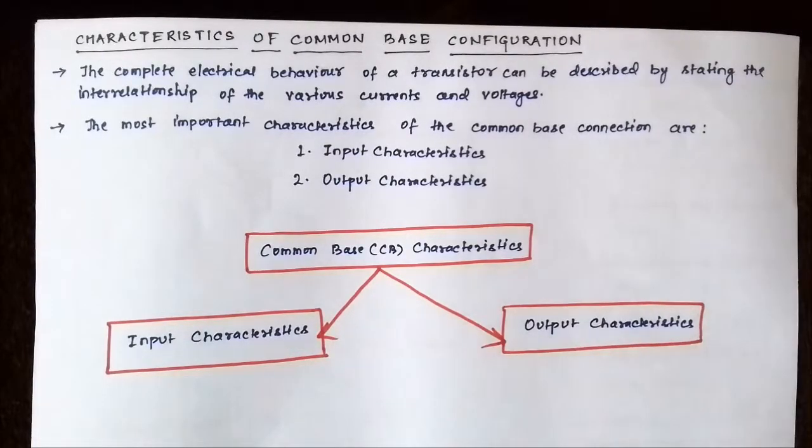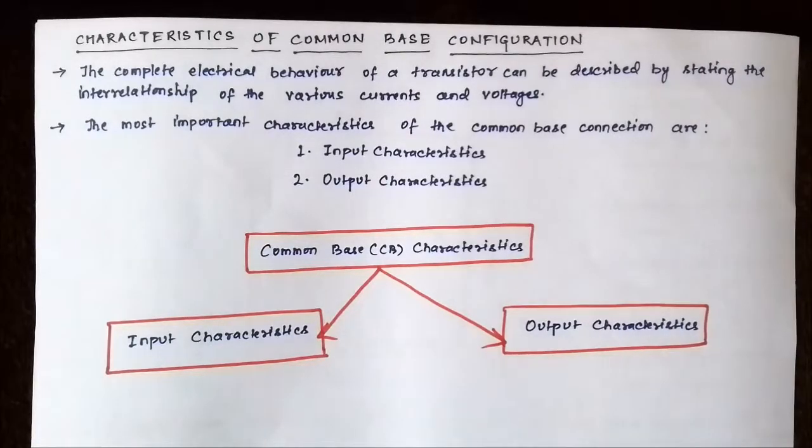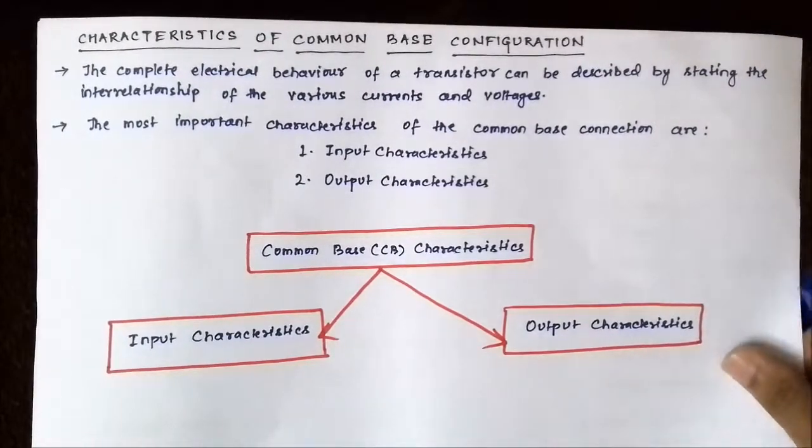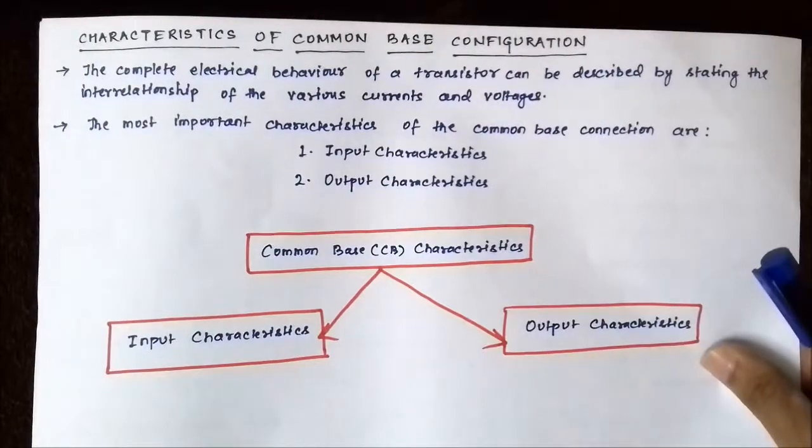Okay, characteristics means the relationship between voltage and current, or the VI curve or plot of the voltage and current relationship of bipolar junction transistor in common base mode.